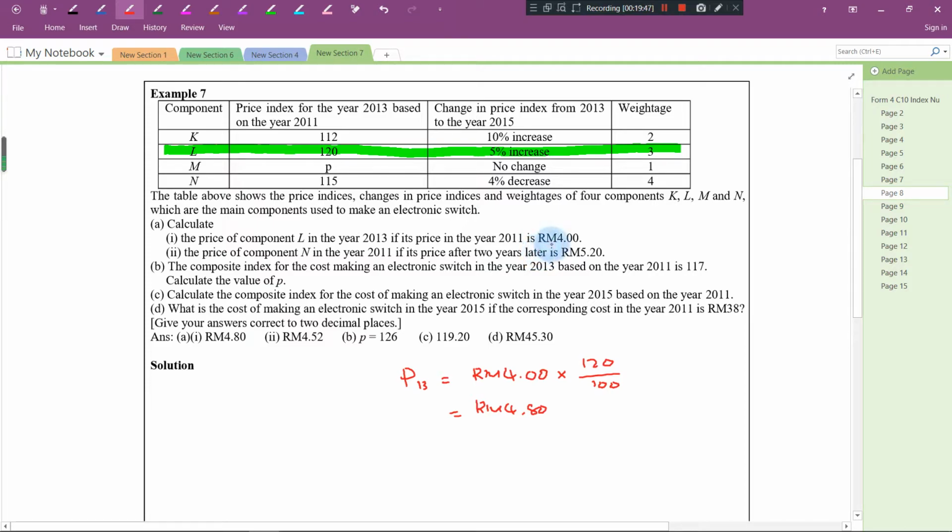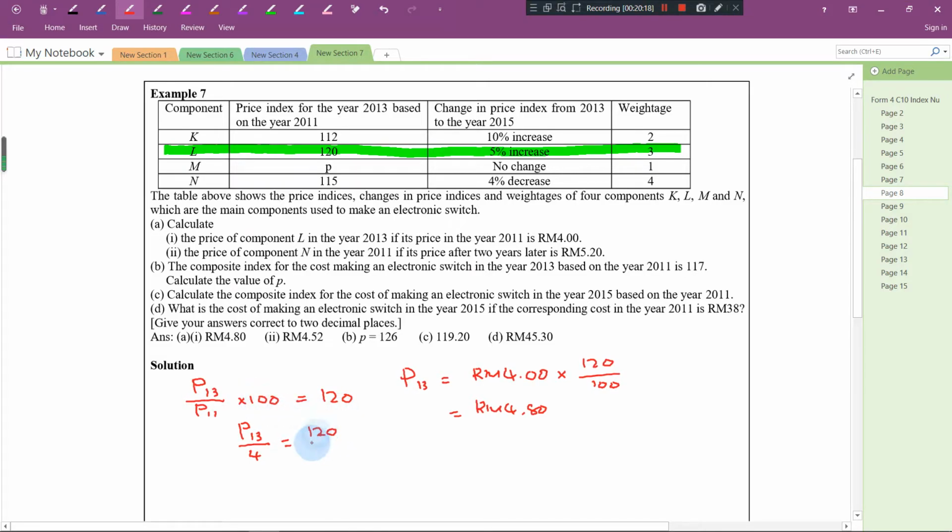First we think, how do we get this price index in the year 2013 based on the year 2011? We calculate this way, right? Times 100, and it is equal to 120. And this is the price in the year 2011. So I'm going to plug this in over here. If you don't want to write the units, it's okay.